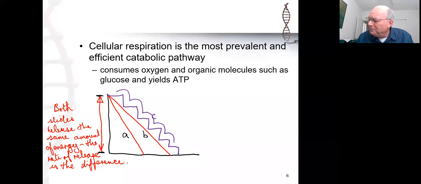And therefore the energy release is in small increments. So the sum total of the energy release going down all of the steps remains the same as the energy release going down slide A or slide B. But it's a controlled release in small increments. And that's great for cells because cells can handle that.